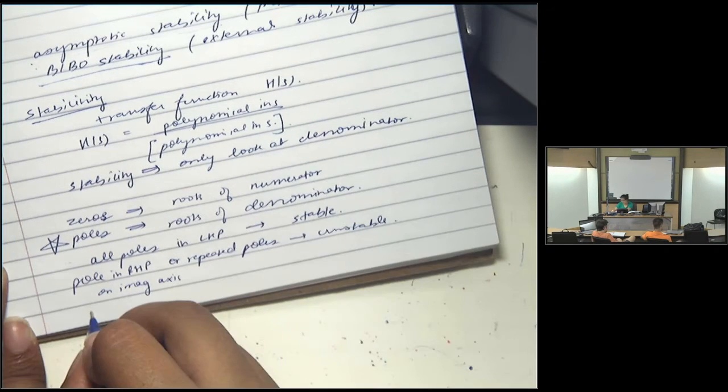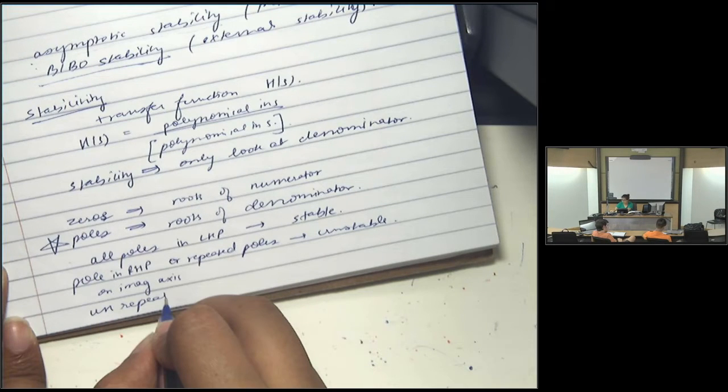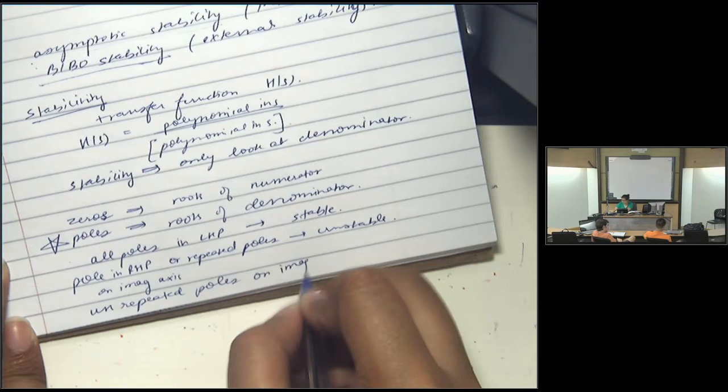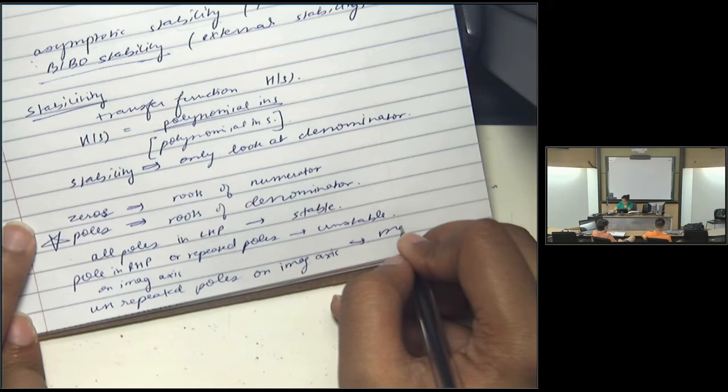And if I have unrepeated poles on the imaginary axis, then it's marginally stable.